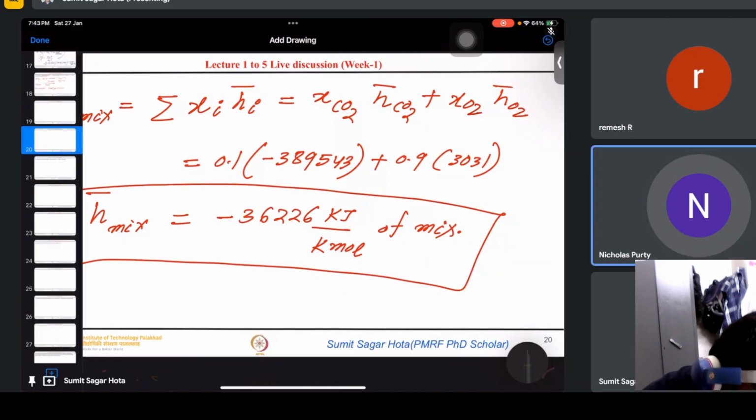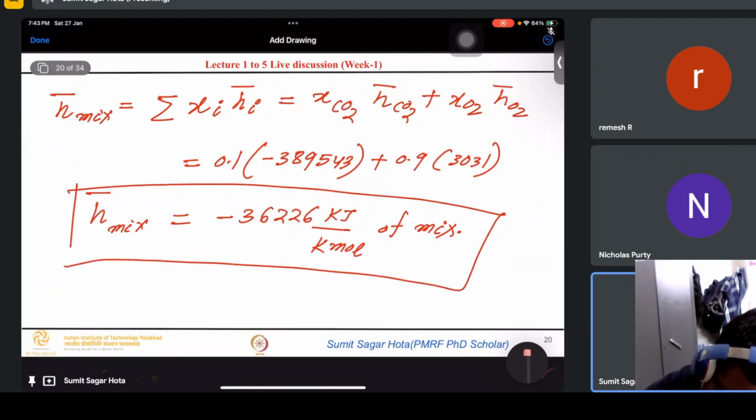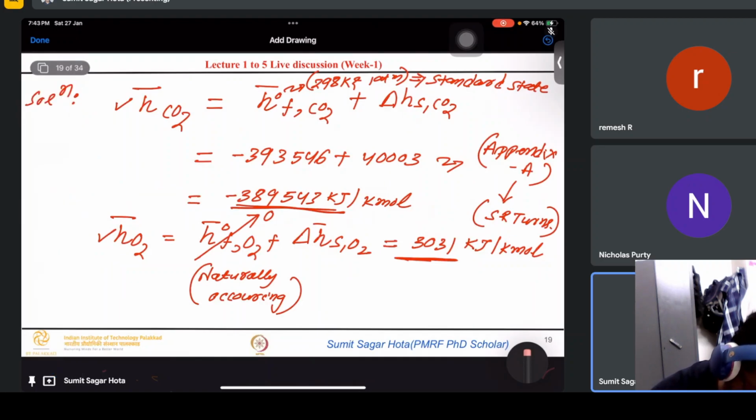So, negative sign means heat is being released? No. Actually, for a mixture, negative means you always have to add some heat. See here for CO2: for making this CO2, this is minus 393,454, or whatever it comes to. It means we have to supply this much energy to make our product CO2. It is required to make the product; that's the reason for the negative sign. A positive sign means heat is released.